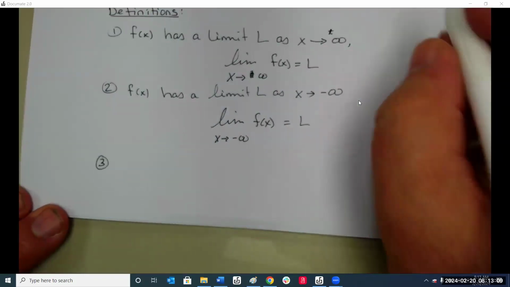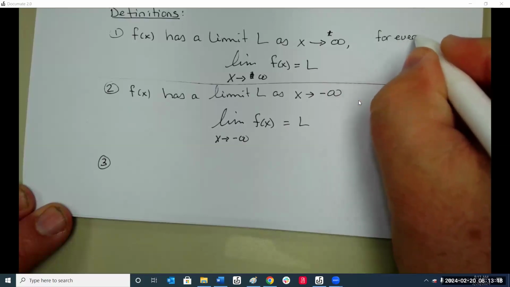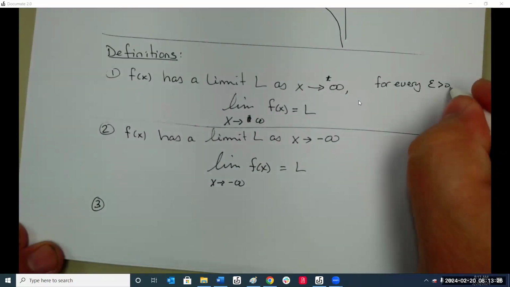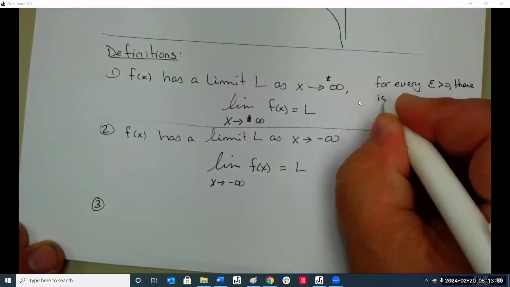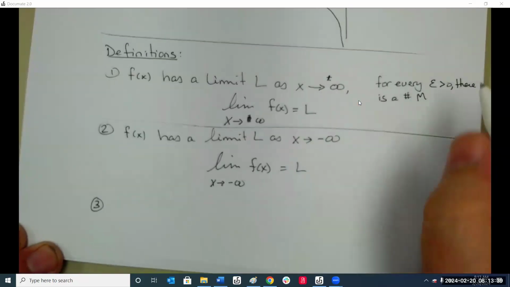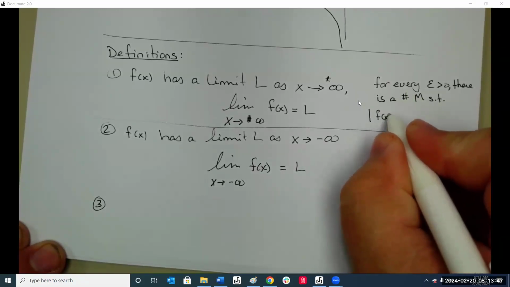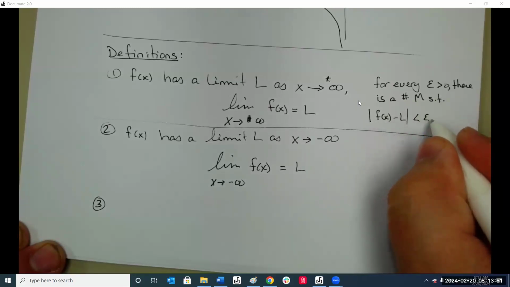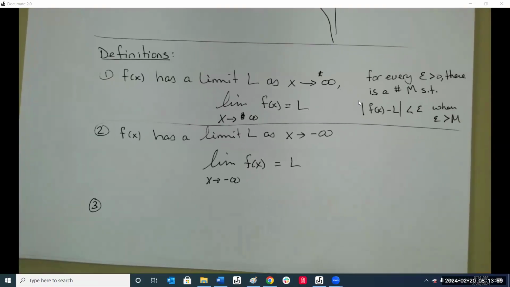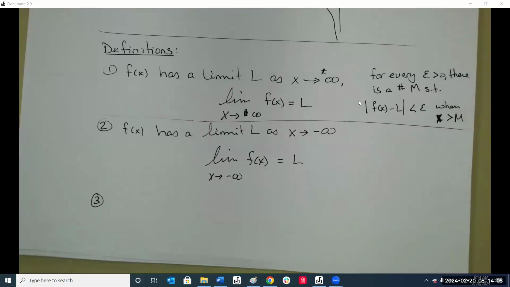For the first one, for every epsilon greater than 0, there is a number, we'll call these m's, we'll call these n's, such that the absolute value of f of x minus L is less than epsilon when x is bigger than m.